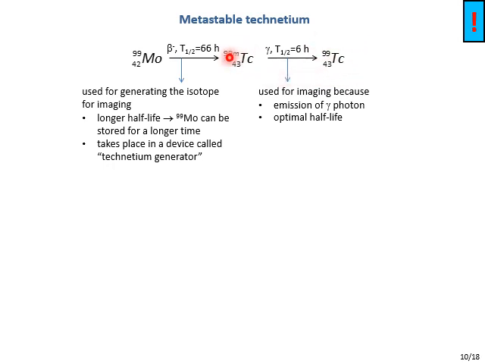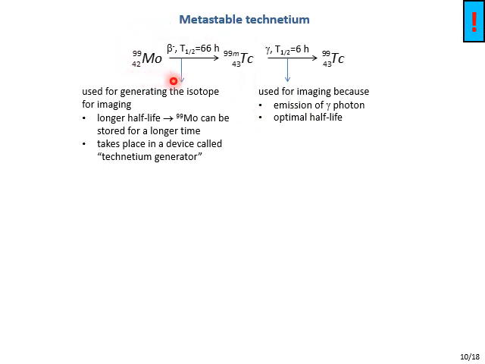The letter M here means metastable, which means that it's an unstable isotope that will undergo gamma decay with a half-life of 6 hours. That's a very convenient half-life, not too long, not too short. It gives us enough time to synthesize the radiopharmaceutical and to carry out the whole procedure.